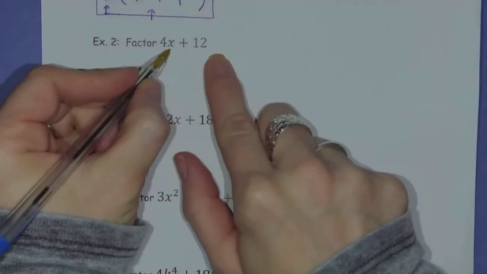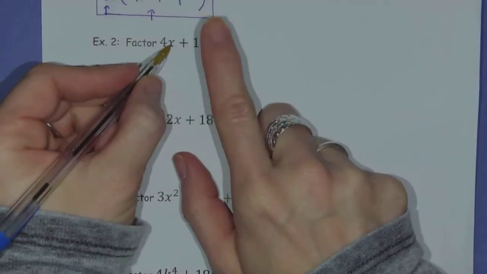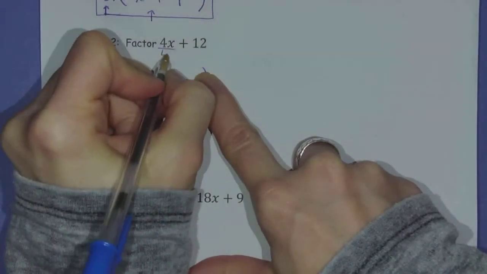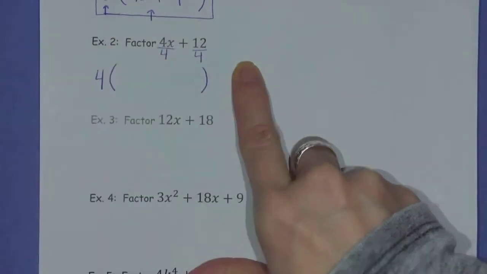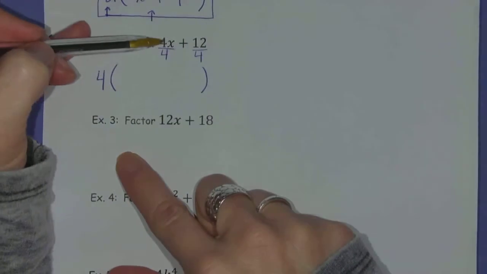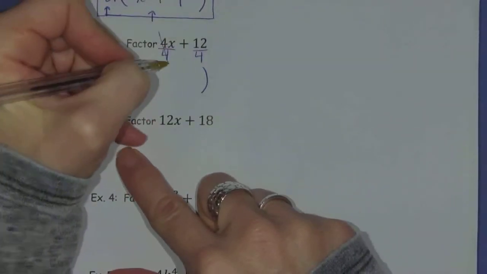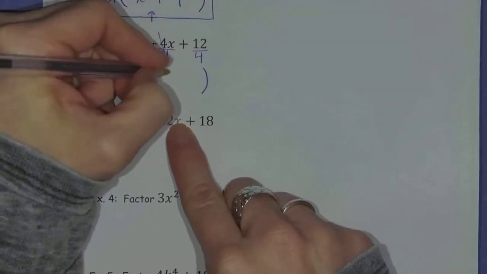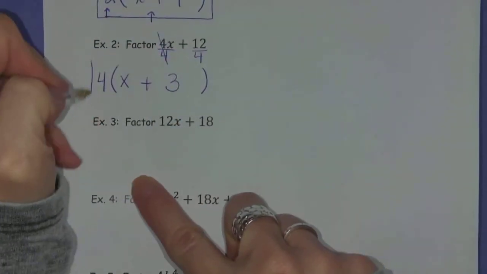X, nope, can't include an x because this has an x and this doesn't, nothing in common. So we open the fridge and we're ready to put the leftovers inside. Let's divide each term by the GCF of 4 and put the result right here. 4x divided by 4 is just x, plus 12 divided by 4 is 3.